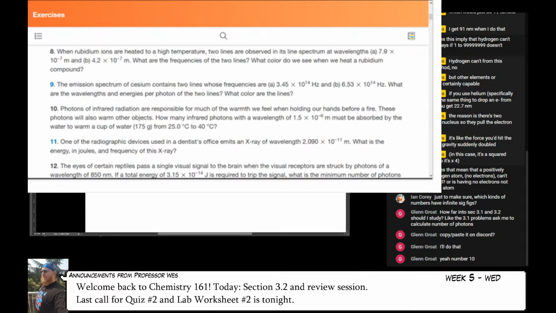Unfortunately, you can't answer this until you get to chapter like 9. When's thermo? I actually don't know this because I don't teach thermo. I don't know what chapter it's in. I can give you the answer if you're really curious, but this question will not be on your exam. I can guarantee that because you do not know about heat capacity yet.